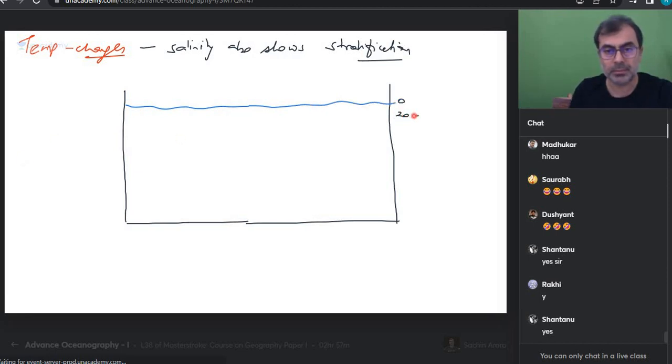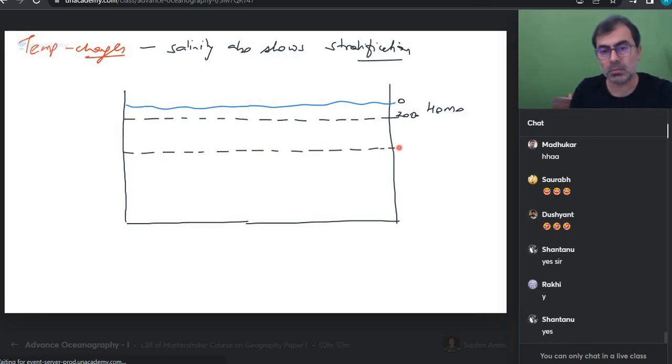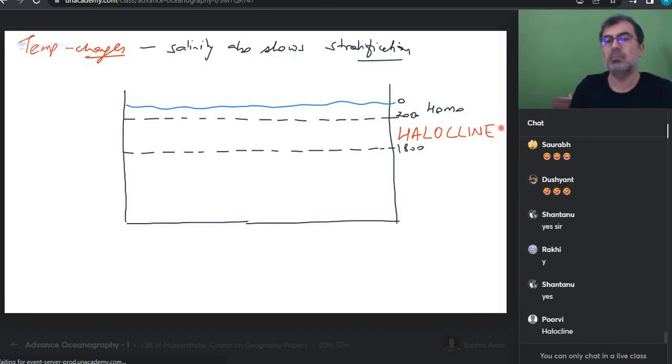Zero to 200, what will it be? Again, homohaline. 200 to 1800, what will it be? Halocline. This is homohaline, and once again there will be no change.